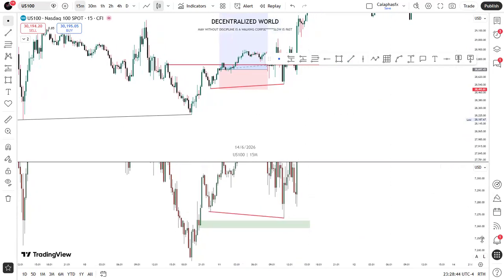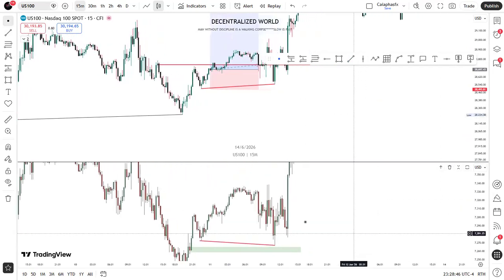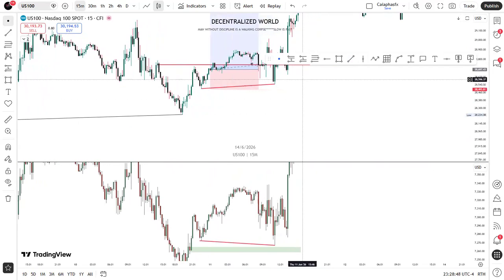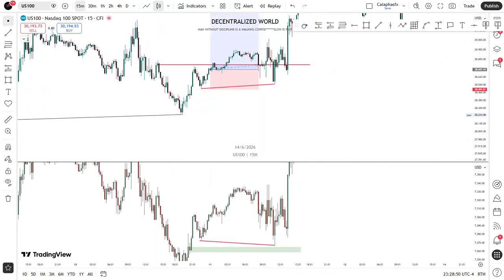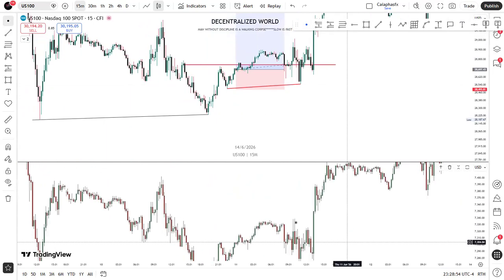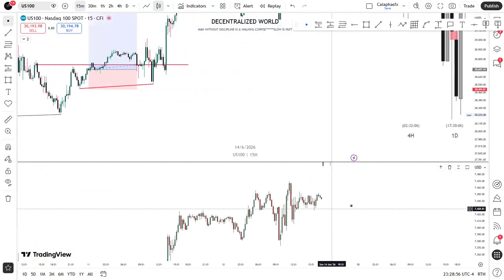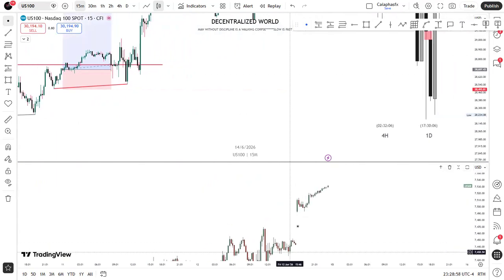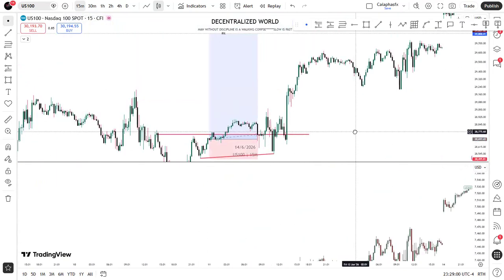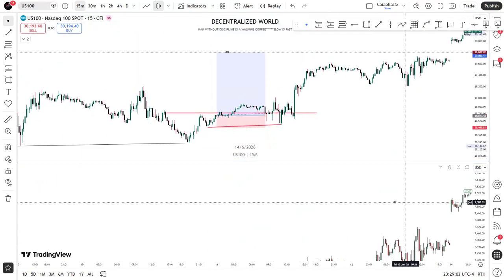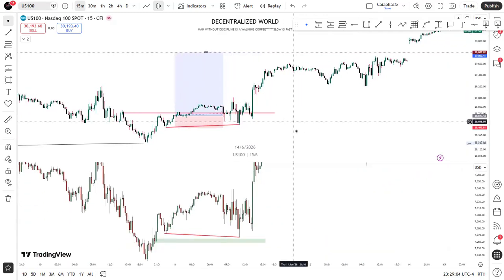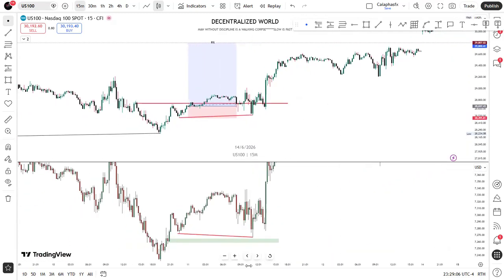Then that was completed. It started moving higher. There wasn't any entry of any sort again. So it just started moving higher and higher. So yeah, that's basically how SMTs tend to work.